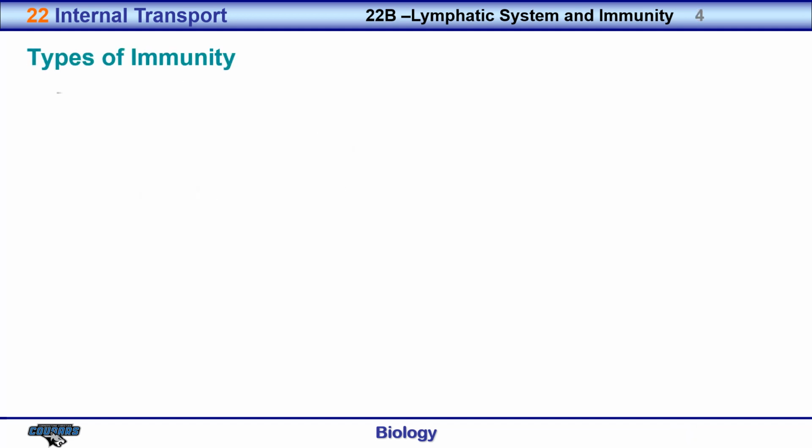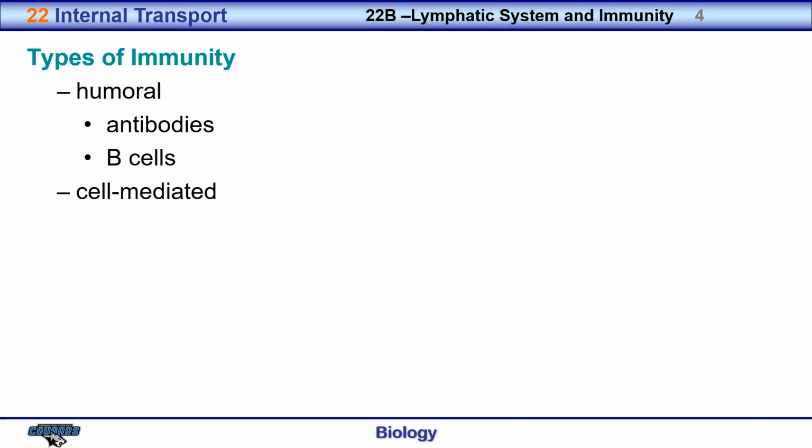So what are the types of immunities? Well, we have humoral immunity, and this involves antibodies and B cells. Then we have another kind of immunity that's called cell-mediated immunity, and this is like cell versus cell combat, and this will involve the T cells that we talked about a moment ago.